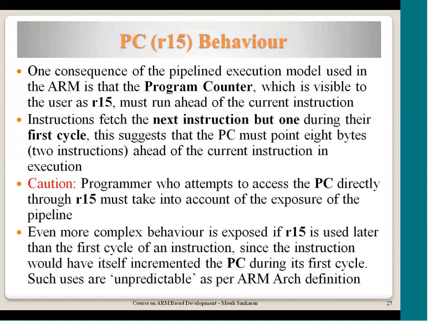It depends on the programmer, on what instruction and what operation the programmer has performed on R15, because R15 is also part of the general purpose registers, which can be used as one of the operands for any of the data processing instructions. So it is completely dependent on the instruction being executed. That's why ARM says that it is unpredictable.